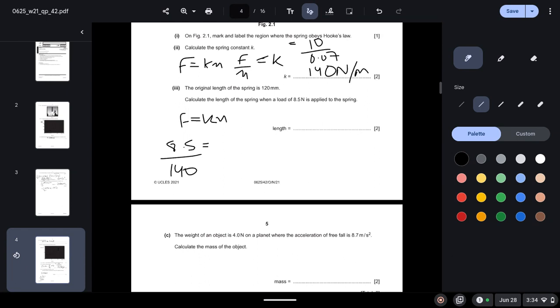So 8.5 divided by 140 would give us 0.06. So we'll convert this into millimeters. So 0.06 meters would be 60 millimeters. So this is the extension. We have to calculate the length. So we'll add this to the original length. So 120 plus 60 would give you 180 millimeters.